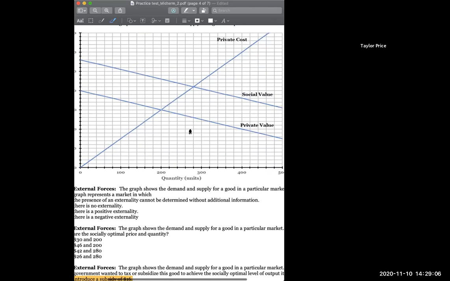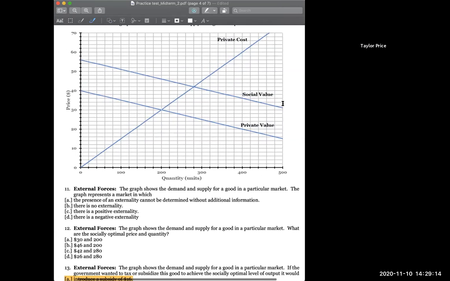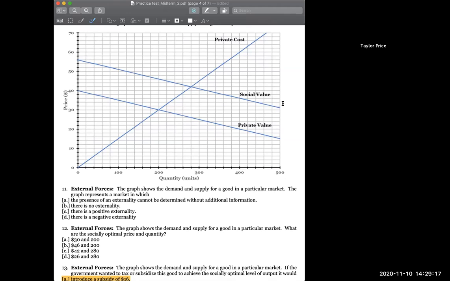And what this tells you, by seeing the social value, is that this is a positive externality because the demand curve is shifting up from what it normally would be. Because of that, you know that the price and quantity should be greater. But the weird thing with a social benefit or a positive externality is that the government wants to keep the price the same as the normal equilibrium, but just increase the quantity in the market.